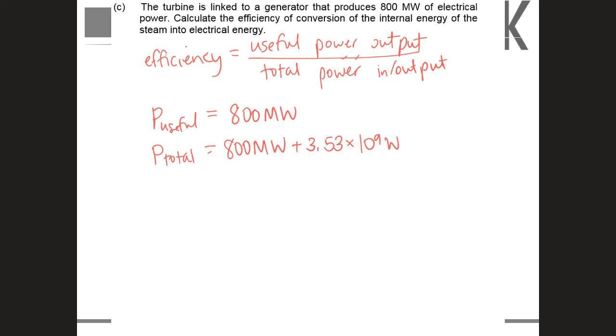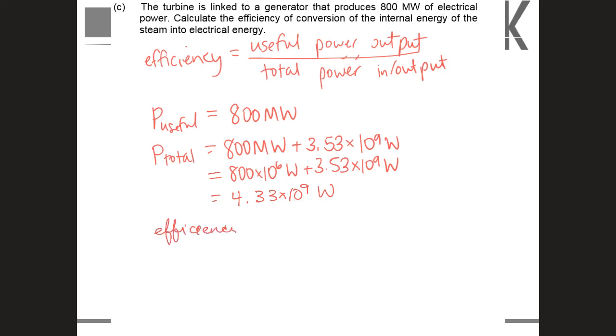And I have to do a little bit of unit conversion to get this to work. 800 megawatts is 800 times 10 to the 6 watts. And adding these together gives us 4.33 times 10 to the 9 watts. And then we can substitute that into our efficiency equation.